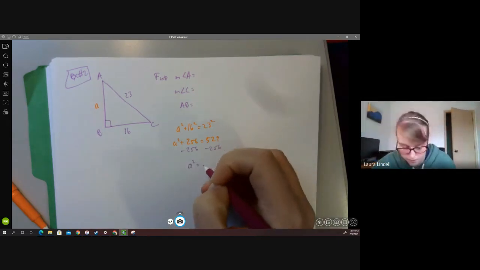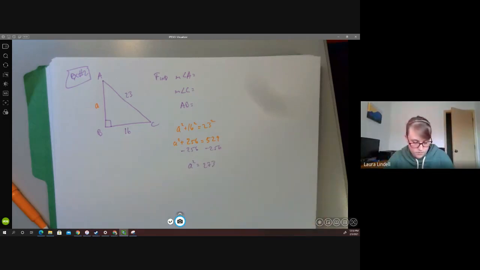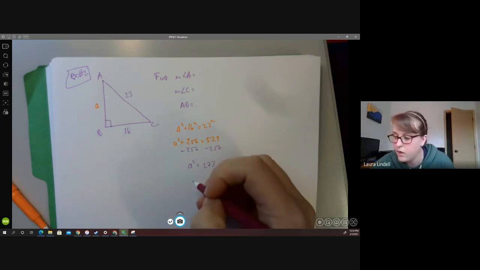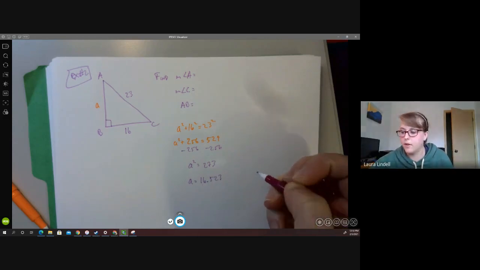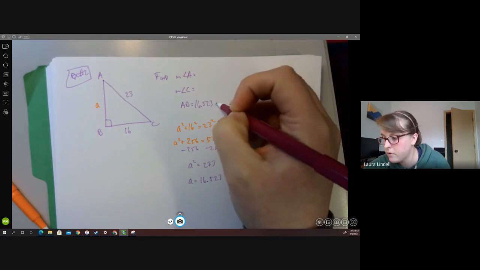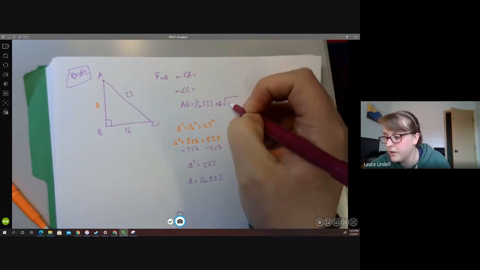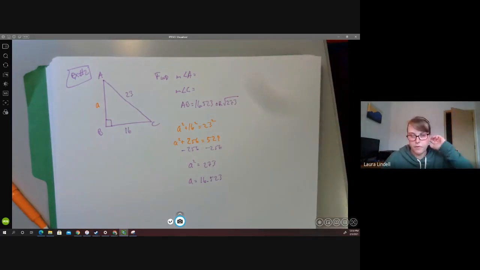And we get A squared is 273. And when we square root it, we get A is approximately 16.523. Or if you're looking for the exact answer, it would be just root 273. Since I don't think that breaks down any further.